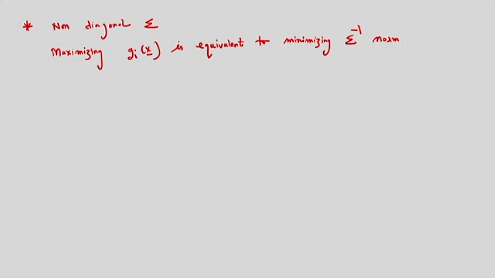So minimizing the discriminant function is equivalent to minimizing the inverse of the covariance matrix norm. So that is actually we have to minimize the Mahalanobis distance.